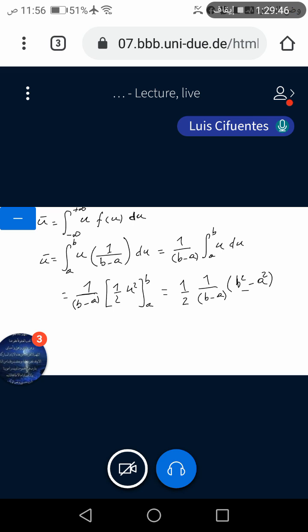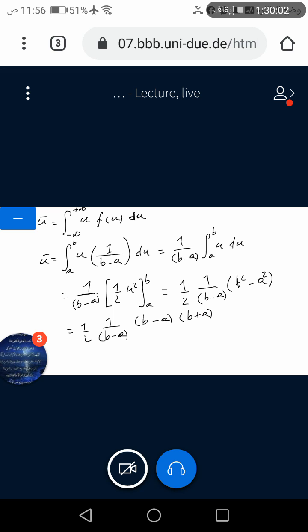This is just a square here, which is the expression that we have in the exercise.